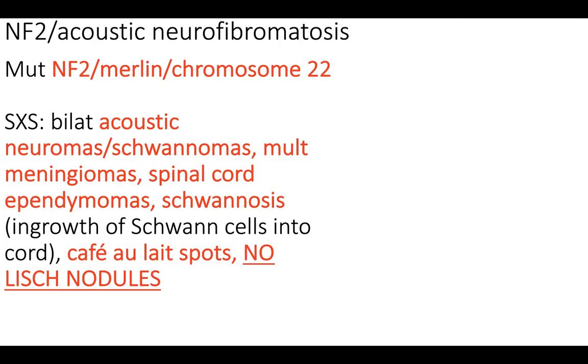Since the facial nerve also travels in the IAC, it can also affect the facial muscles and cause drooping of the face. These patients also have multiple meningiomas, spinal cord ependymomas, and schwannomatosis. They also have cafe au lait spots, but it's important to note that they don't have Lisch nodules.